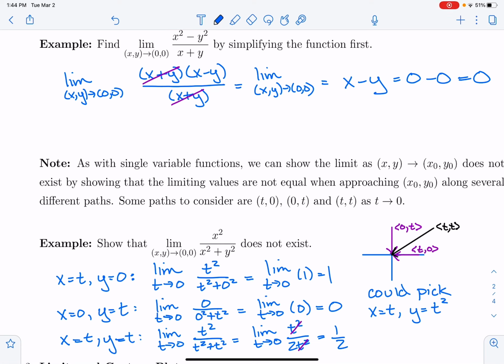You can change the coordinate system to something like polar coordinates, and then you'll be able to approach the point 0, 0 or another point from all directions. And so sometimes a coordinate change is a nice way to show that a limit exists.